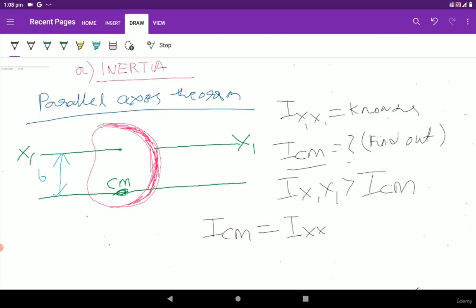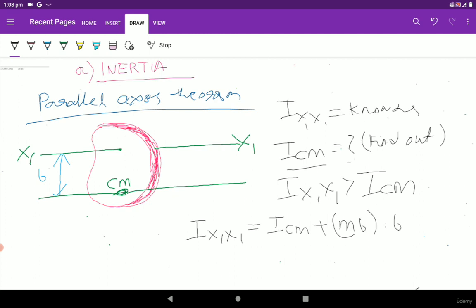Let me do it from the basics, otherwise you will get confused. We know that the inertia about the x1 axis is given by Ix1 = ICM + m b squared.